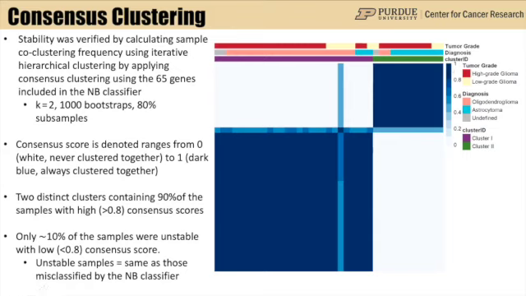And we have 2 different clusters that we've grouped these samples into. Interestingly, only 10% of the samples were unstable, so they would switch how they were clustered. And these were the same samples that were misclassified by the Naïve Bayes classifier.